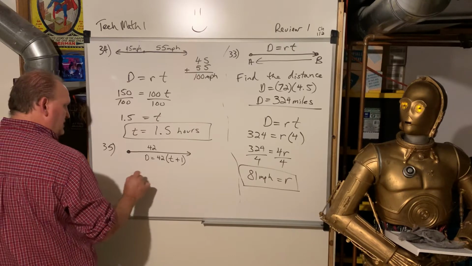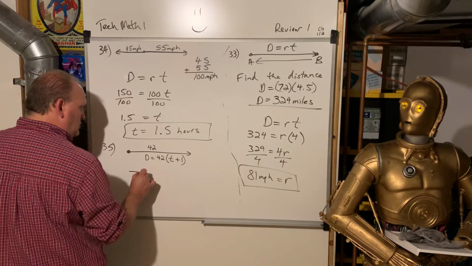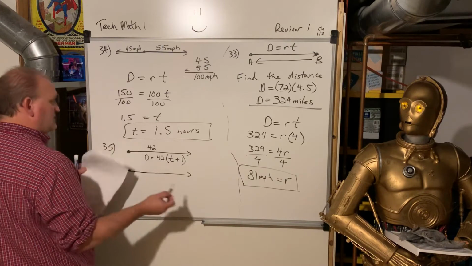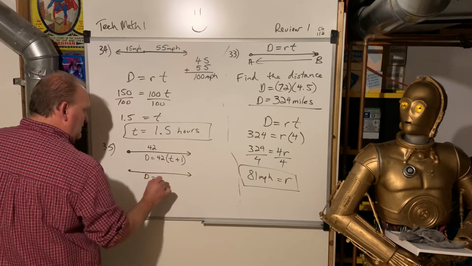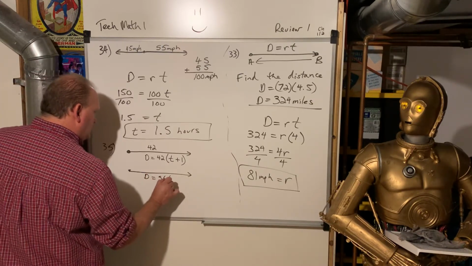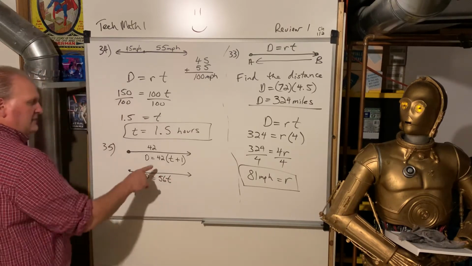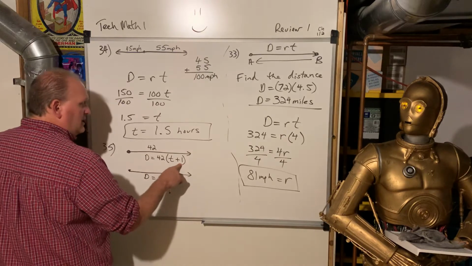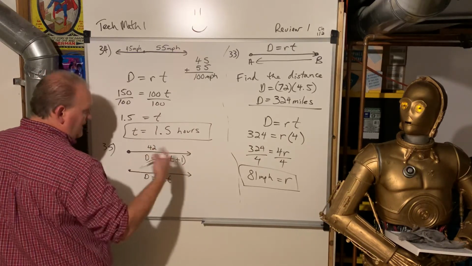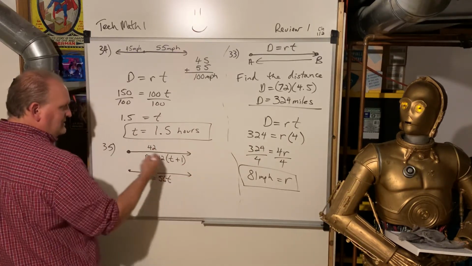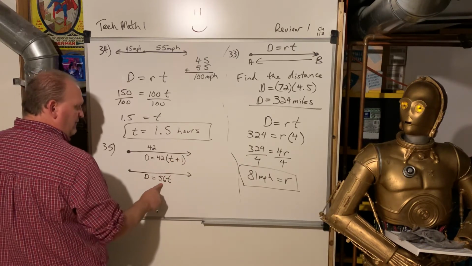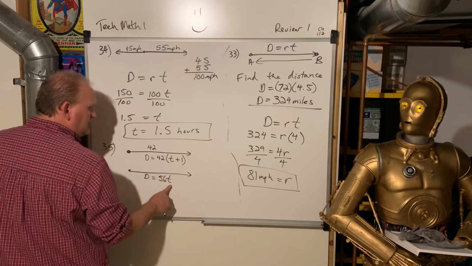The other person that's going 56 miles per hour, that's 56 times just t. So basically, this distance is 42 times t plus 1, because he's got an hour advantage, if you will, where this one left just right now at 56 times t.